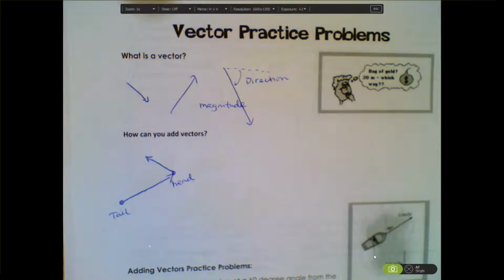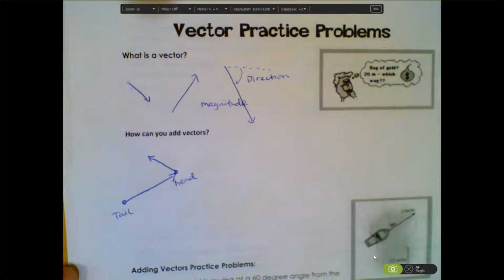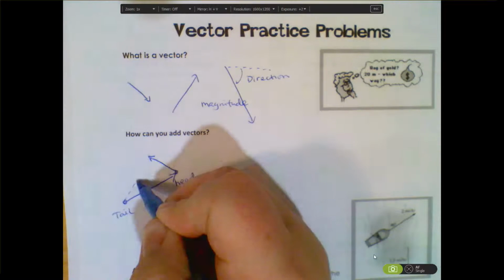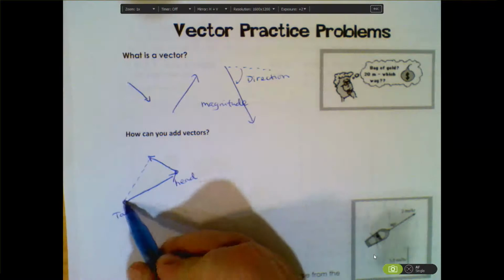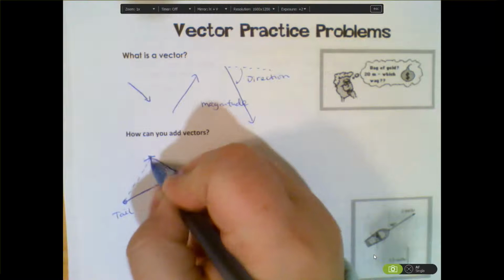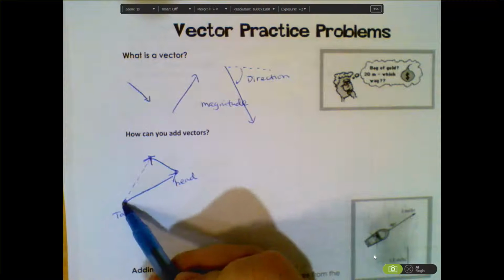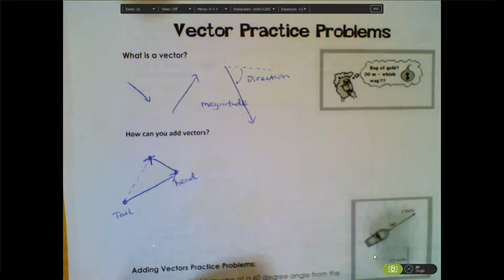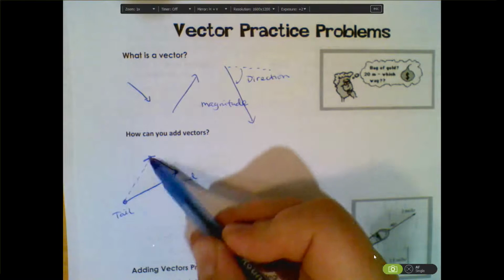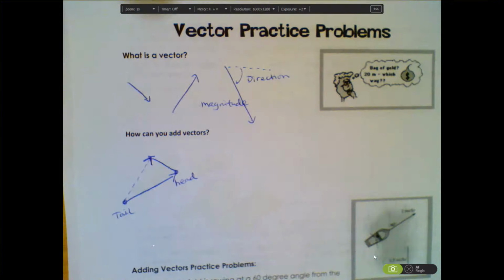And then the resulting vector, or the answer to our addition problem of vectors, would go from the tail to the head, or to where the other head ended, with a new vector in this direction. So the sum of this vector and this vector equals this third vector in the dotted line.